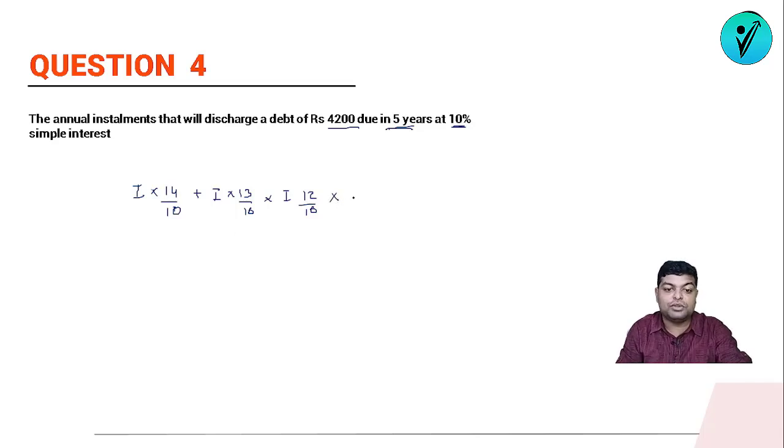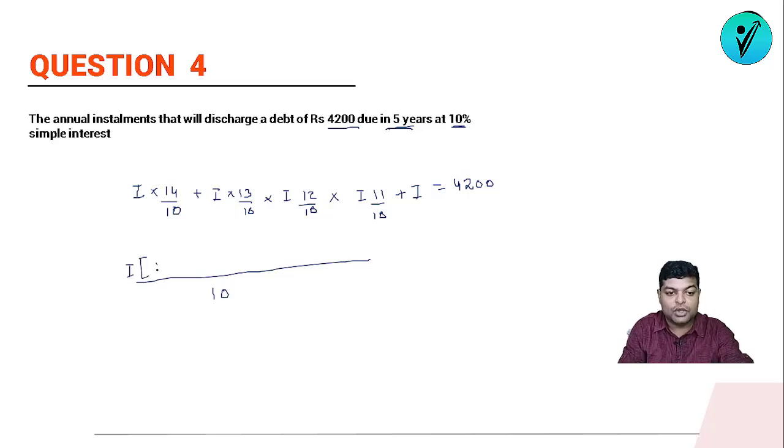Then the next value will be in the bank for 1 year, so it will be 11 upon 10. And finally the 5th installment will be I. Combining all these installments we have to square off a loan of 4200. Again we can take 10 as the LCM. So I is common, so it will be 14 plus 13 plus 12 plus 11 plus 10 equals 4200. 10, 20, 30, 40, 50, 54, 57, 57 plus 2 is 59 and this is 60. So I is 60 upon 10 into 4200. 0 cancels, 6 cancels, so it will be 700.